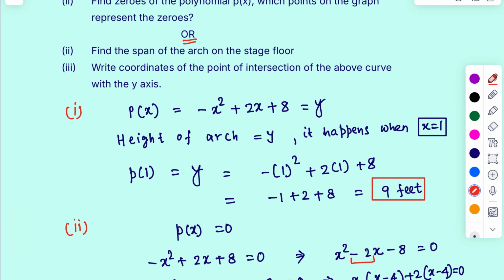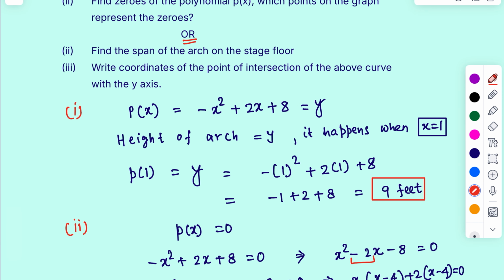So at the point 0 and 8 is the point of intersection. Let this point be D. This is the point D, where this graph intersects the y-axis.